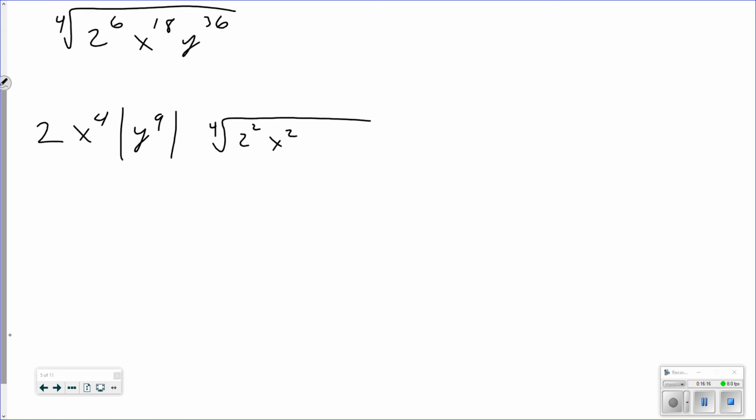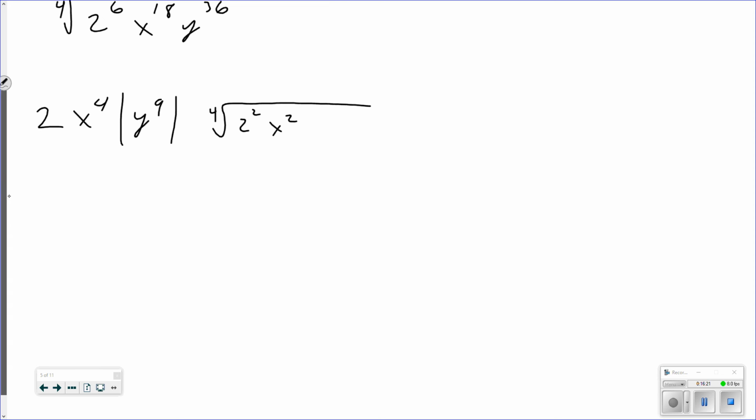Alright. So from here, this 4th root of 2 squared x squared, if you actually reduce this, because all the exponents in the roots are divisible by 2, you can divide them all by 2 to just get the square root of 2x. Why can you do that? The reason is that this 2 squared, x squared, to the 1/4 is the 4th root.